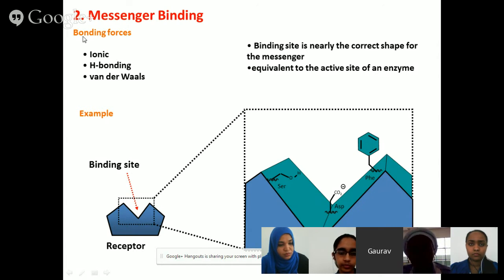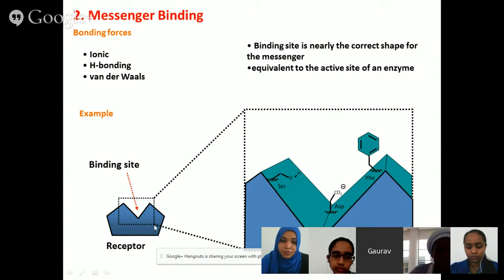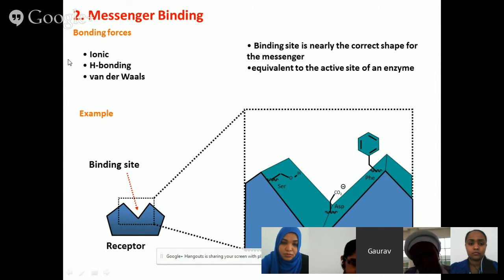Only if they bind properly along with these three bonding forces can they activate the receptors. So these three major bonding forces are important: ionic bonding, hydrogen bonding, and van der Waals bonding.